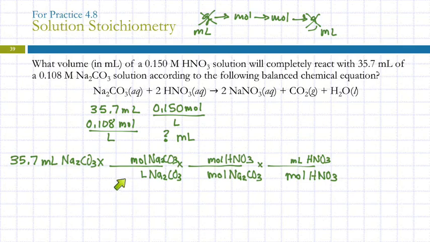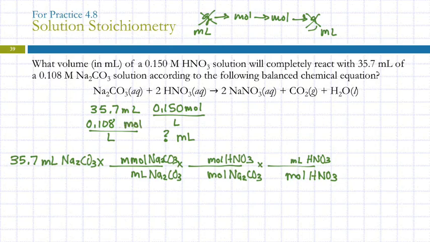So if I want milliliters down here, and I've got moles up here, and over here I've got moles per liter, if I put milli on both sides of the line, have I really changed anything? The relationship is the same, right?